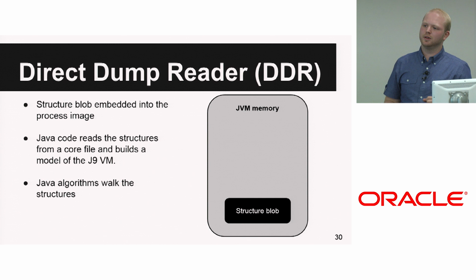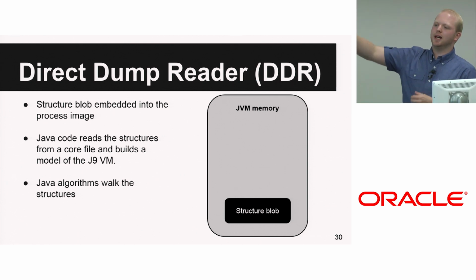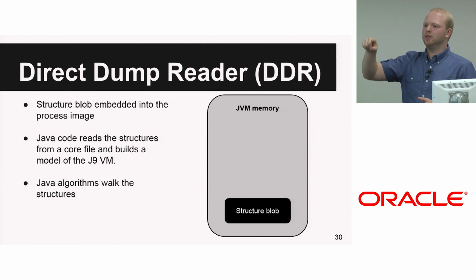So you're reading in these headers from the JVM. Yeah. And from that, what does the DDR know about the structure? It knows the shape of, for example, what we call internally a J9 object or a J9 class. It knows the structure of what those look like, and then we can use that information to say, if you're saying there is an object at this location, I can give you that data in terms of what an object looks like.